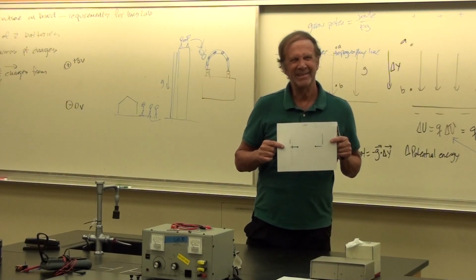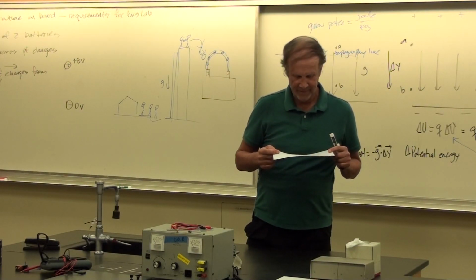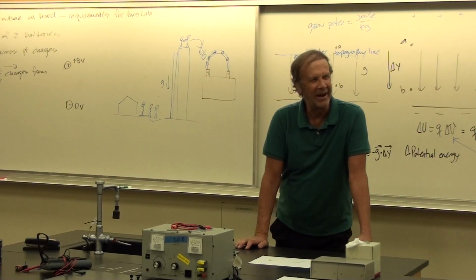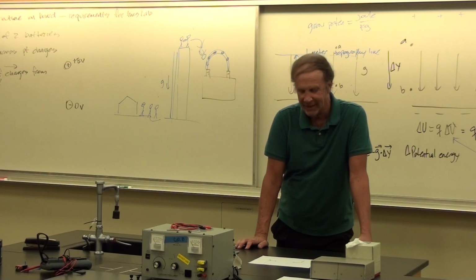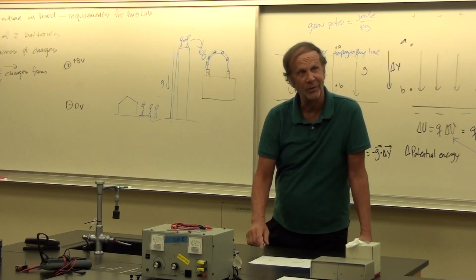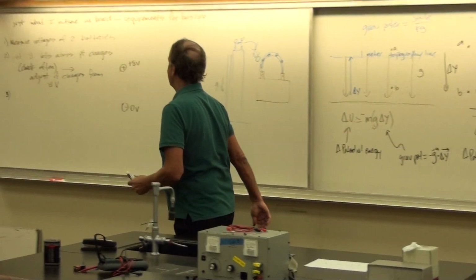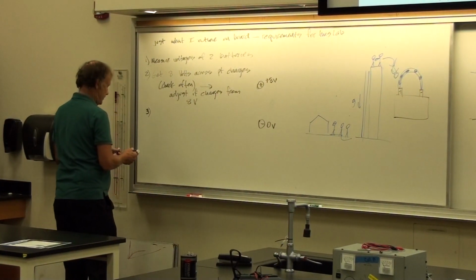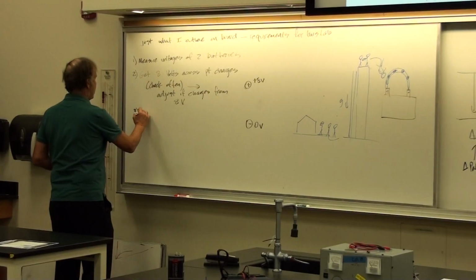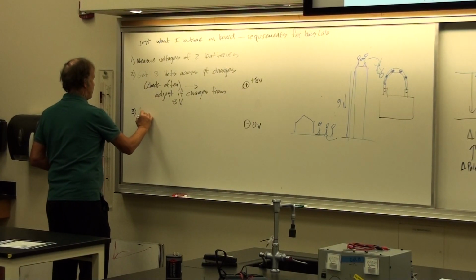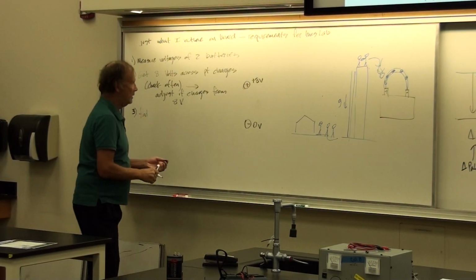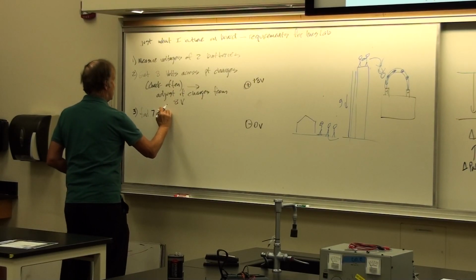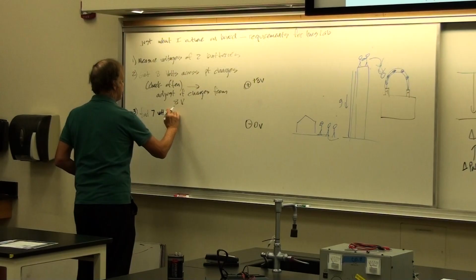But that is kind of tedious and maybe useful, but it's easy to get off track and maybe not put the right voltage at the right point, and very time consuming. And so what I'm going to suggest here is that you find your 7-volt potential point.